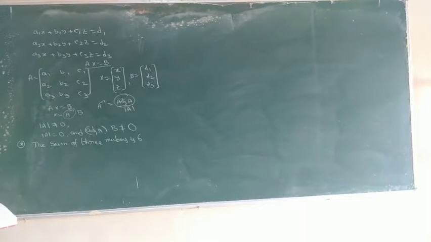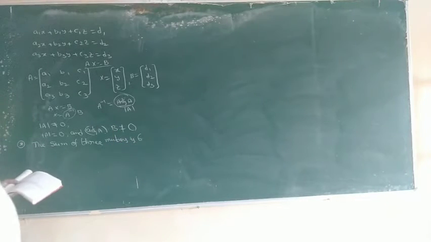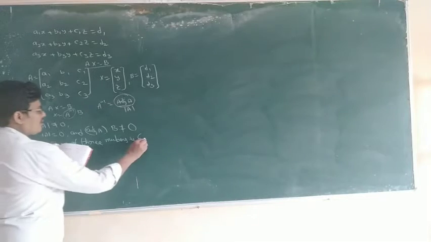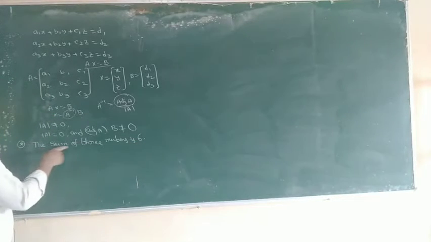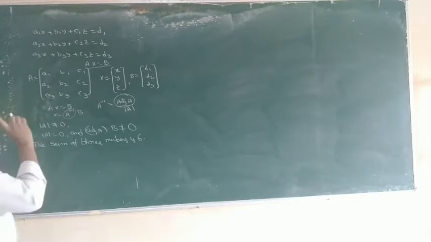X, Y, Z. Because these are linear equations, the variables are X, Y, Z. The three numbers are taken as X, Y, Z, so the sum of three numbers is X plus Y plus Z equal to 6. Okay, we get one equation.